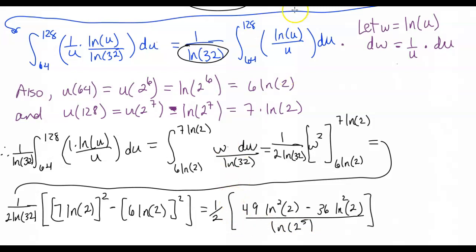And if I did that, then of course, what I also understand is that that 5 that's in the exponent there can be pulled out in front. So here I know that I could rewrite what I have here in the denominator, that natural log of 32 is really just 5 times natural log of 2.